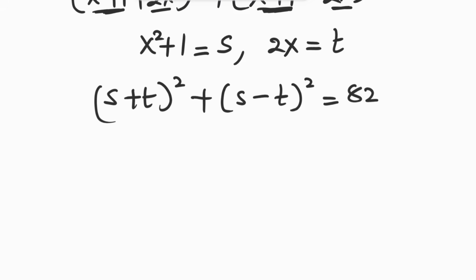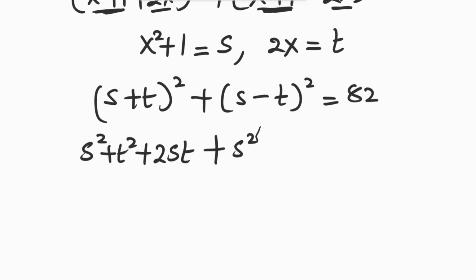Now if we open up the parentheses on the left hand side, because this is in the form of (a + b)^2 like before, this is the same as s^2 + t^2 + 2st + s^2 + t^2 - 2st = 82.